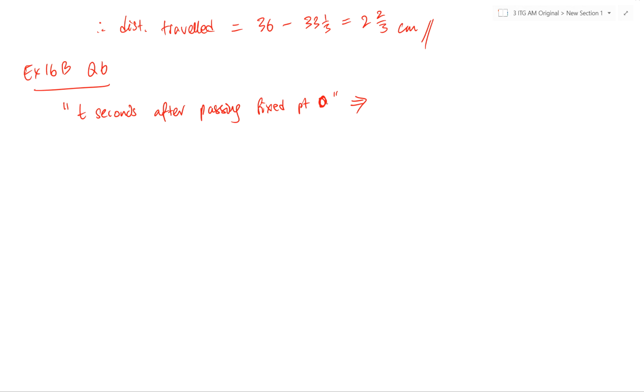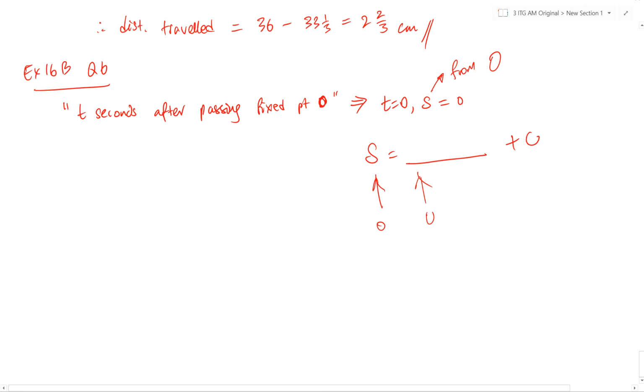Okay, it started before the point O, but they are trying to tell us over here that when t equals 0, displacement equals 0. This displacement over here is from O. The displacement from O is 0 when time equals 0. As shown in the previous part, you will need this, especially when you have to integrate to find displacement equals something, then you plus c, then you substitute 0 into all the t's, and then you will find c.